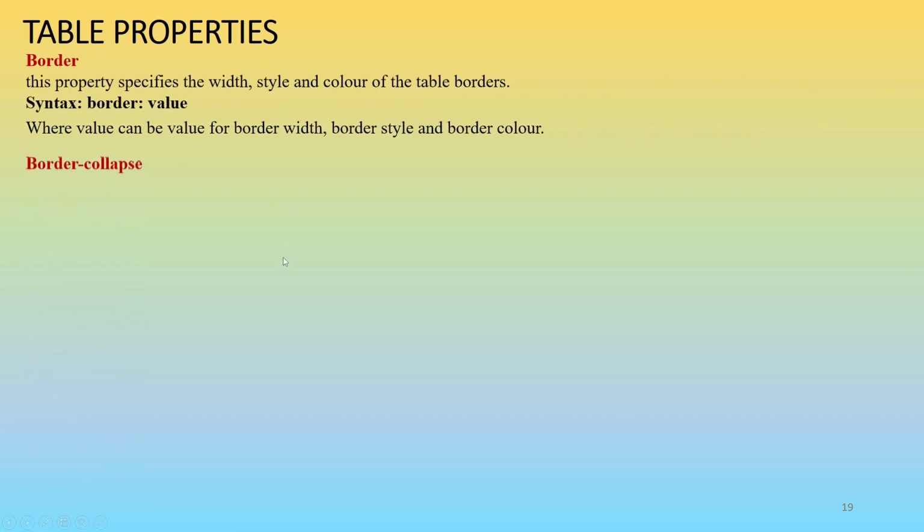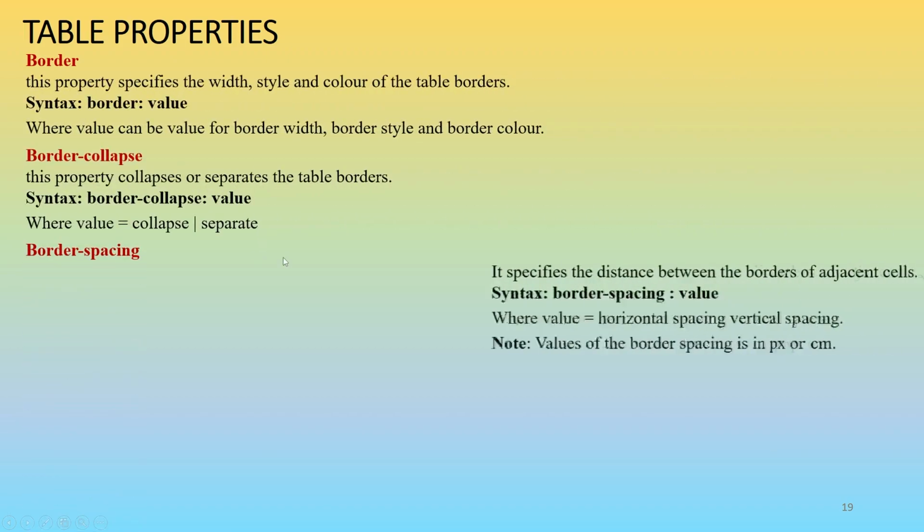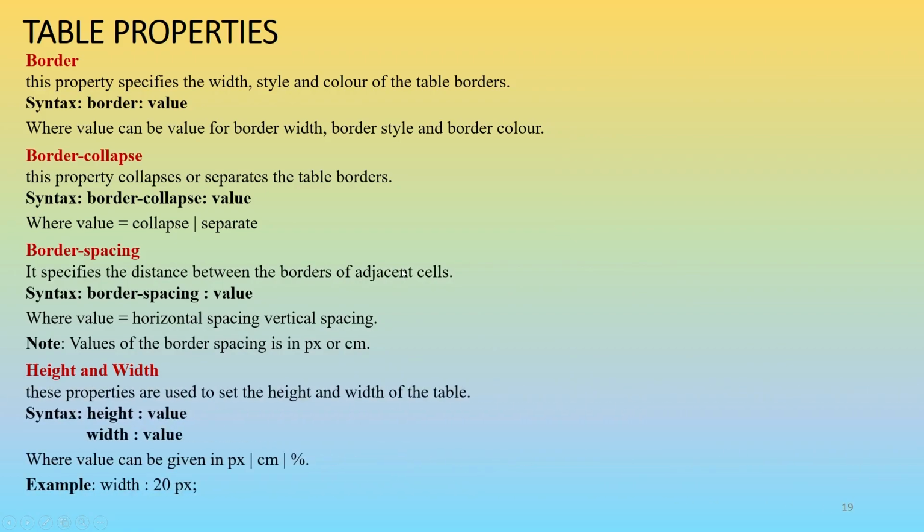Now comes table properties. Let's bring the properties on the screen and then I will explain one by one. First table property is the border. This property specifies the width, style and color of the table borders. So border could have a width, that is the thickness of the border.